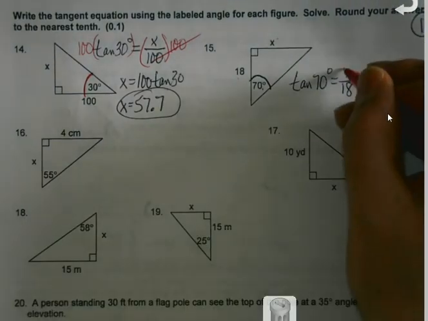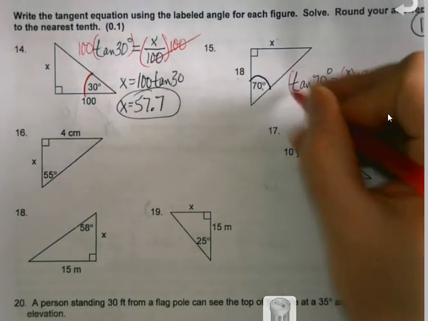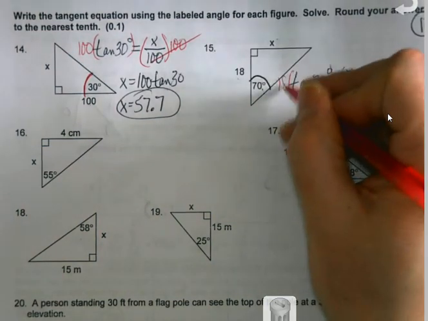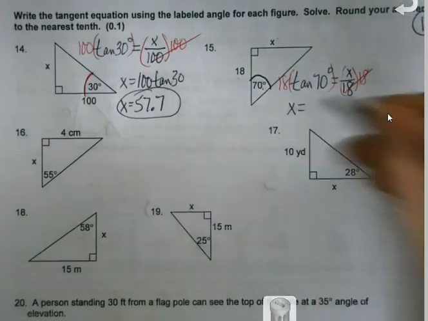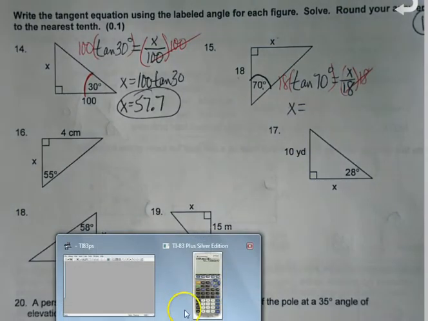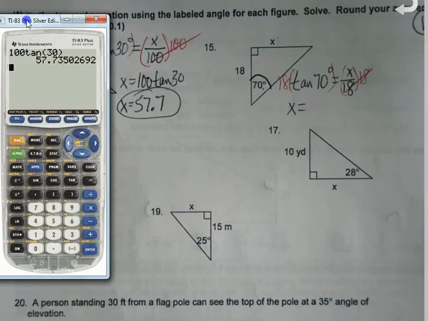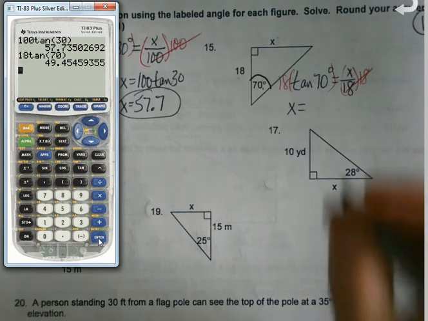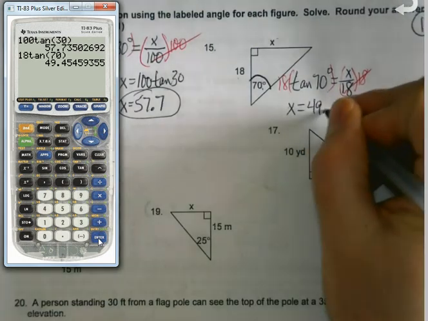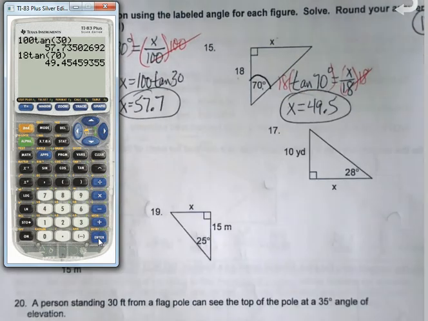You're like, hey, I'm just multiplying by whatever the other side they give me is. Now that's true to a point, but you've got to be careful that the pattern you think you're seeing works every time, because it won't. For this one, absolutely works. We can just multiply. Looks like we're at 49.5, and we go to the next one.